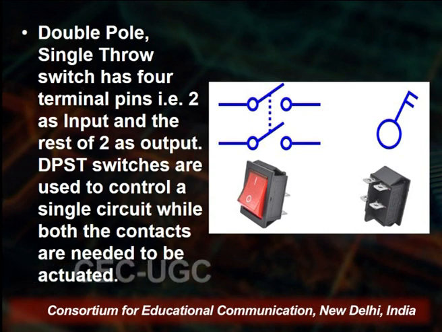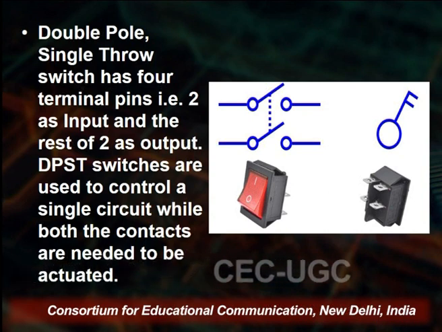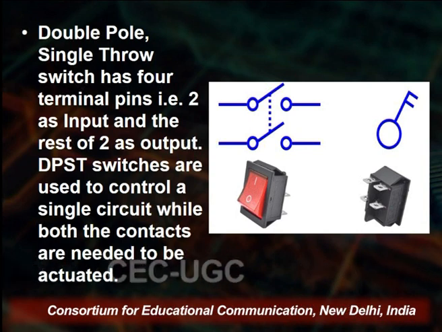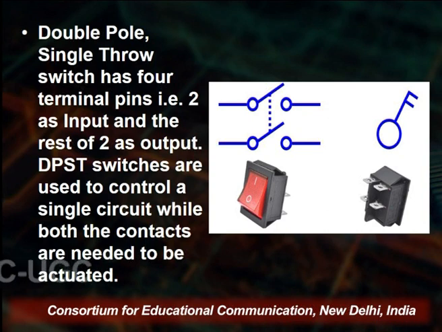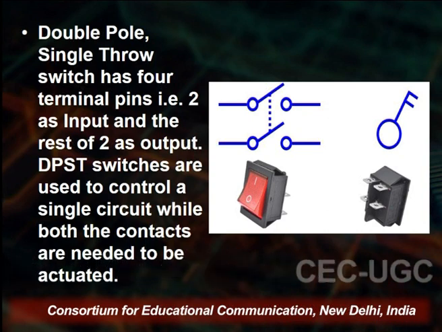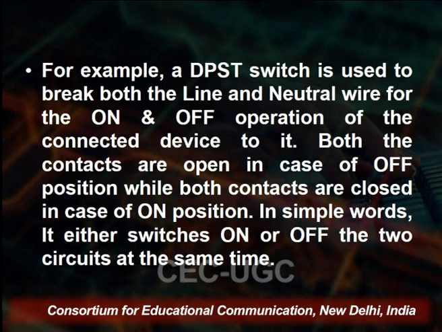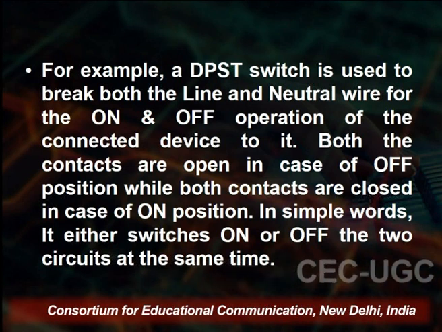DPST switches are used to control a single circuit while both the contacts need to be actuated. For example, a DPST switch is used to break both the line and the neutral wire for the on and off operation of the connected devices.